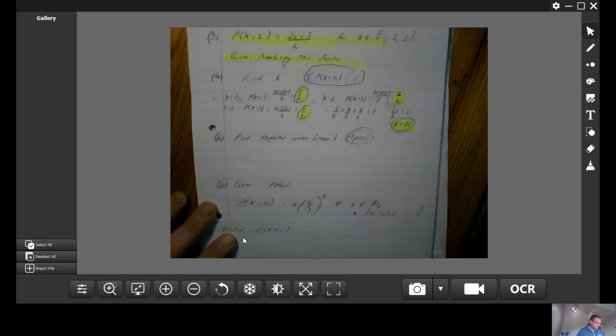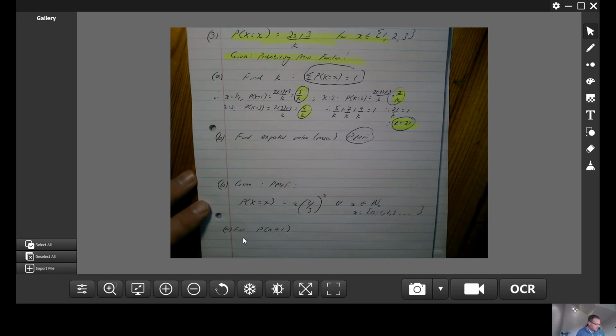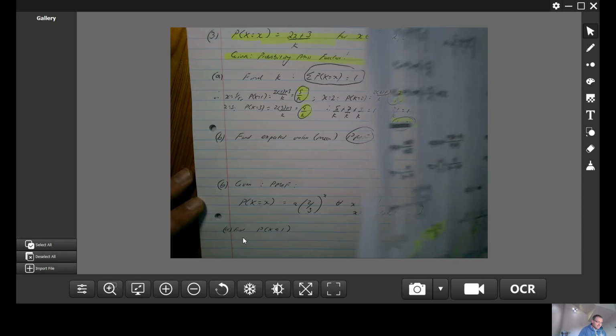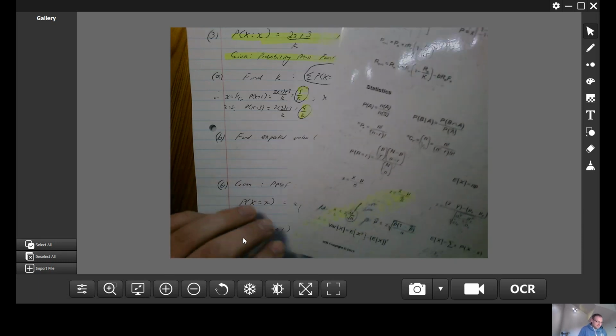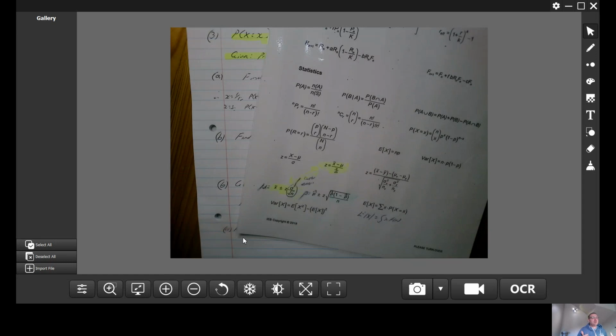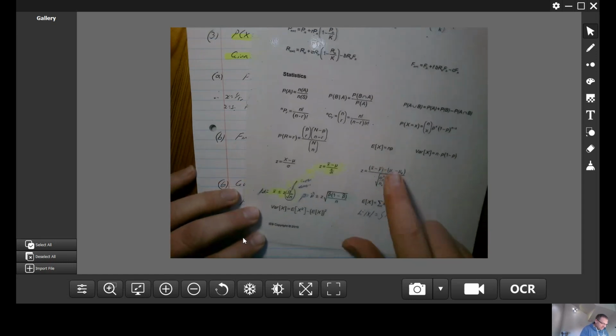The next question says, based on this, find the expected value or the mean of the probability mass function. The expected value is what we expect to come out in whatever this experiment is.